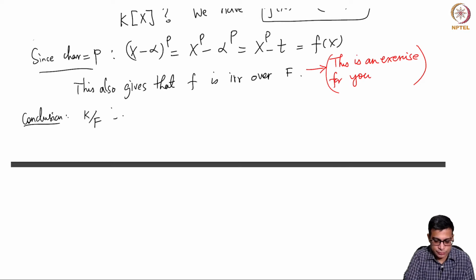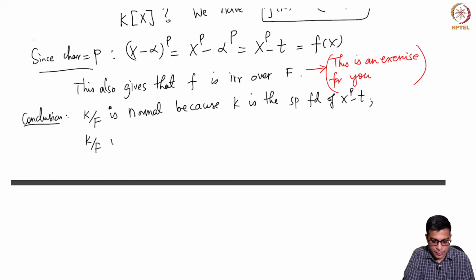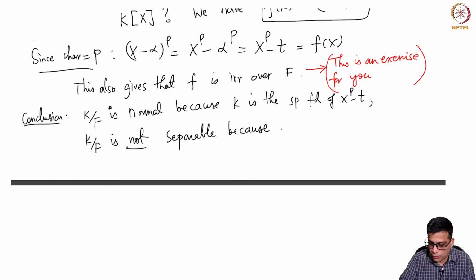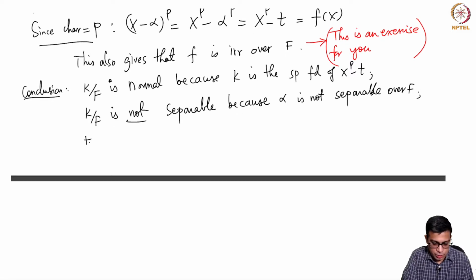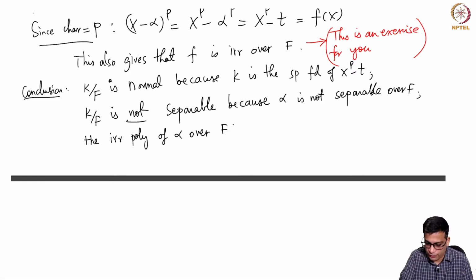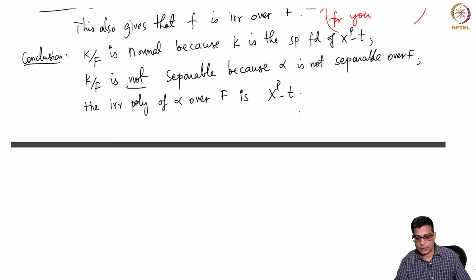K over F is normal because K is a splitting field of x^p - t, right, and K over F is not separable because alpha is not separable over F. This is because the irreducible polynomial of alpha over F, by the claim, is x^p - t.